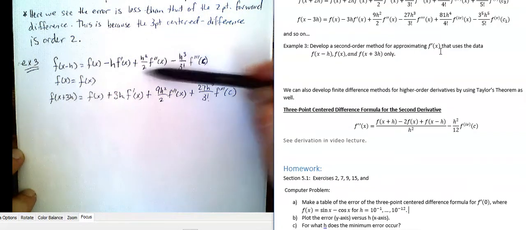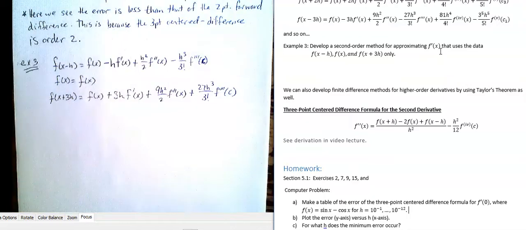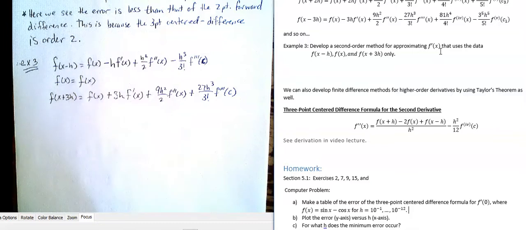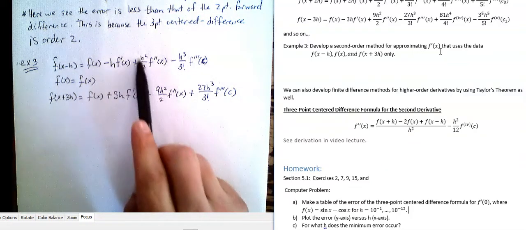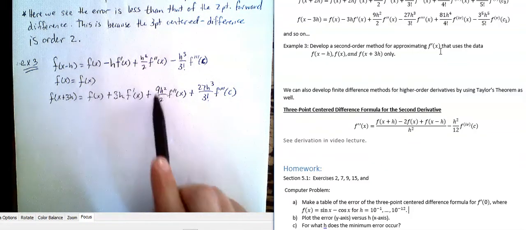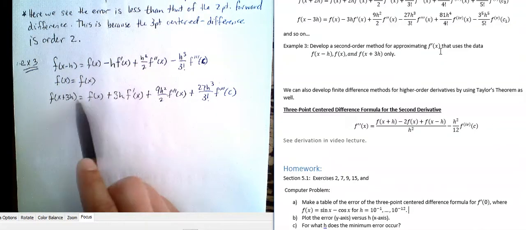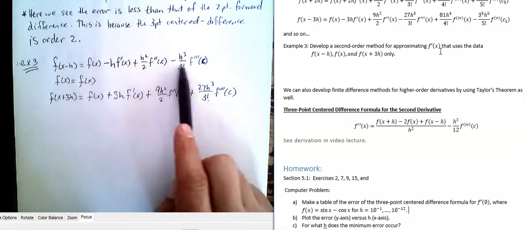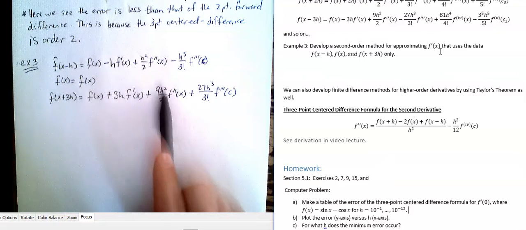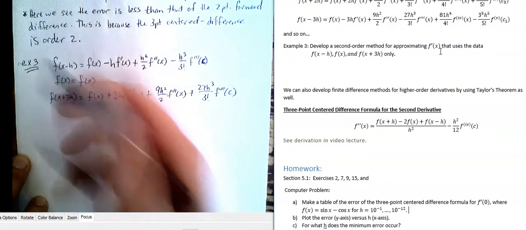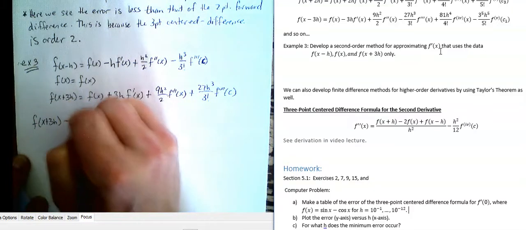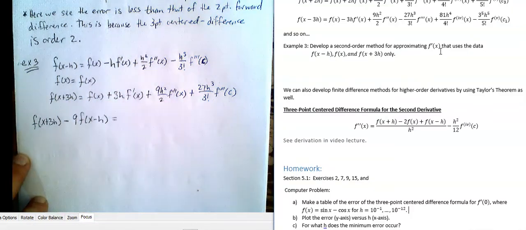So what we want to do is try and cancel these guys. So we're going to have to perform a subtraction of some multiple of these guys, right? So let's see. I have 1/2 h squared here, and I have 9/2 h squared here. So if I take f of x plus 3h and take away 9 of these, right, if we multiply all these terms by 9 and subtract, these 2 terms will cancel out, right? So let's do that. F of x plus 3h minus 9 times f of x minus h equals.